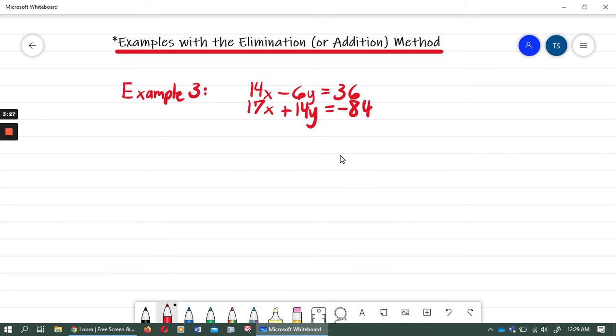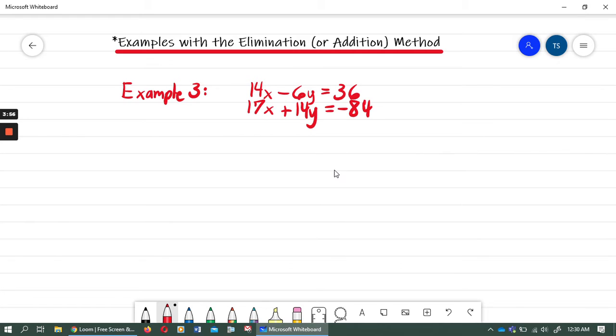Okay, so guys, what we're going to do is choose one of these two variables to do this with, and I'm going to choose y because y just so happens to have smaller coefficients. It has a 6 as a coefficient and a 14, and those coefficients are smaller than the coefficients for x.